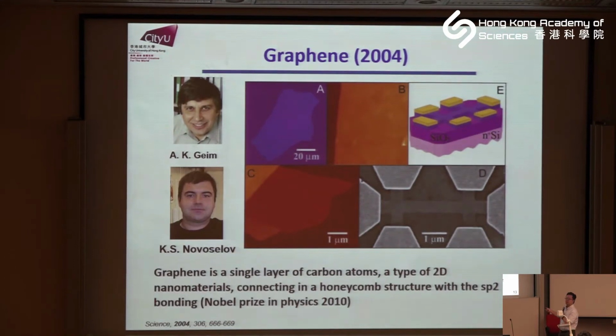That means they form a honeycomb structure, because if you stack different atoms, you can have different porosity, and one of the porosity patterns is called a honeycomb. And one of the important discoveries for graphene is that it has a very high mobility of electrons. That means the electron can run very fast in this material. So that's why this is considered a very attractive alternative for transistor materials in the future. Okay, we'll go into the transistor material later.